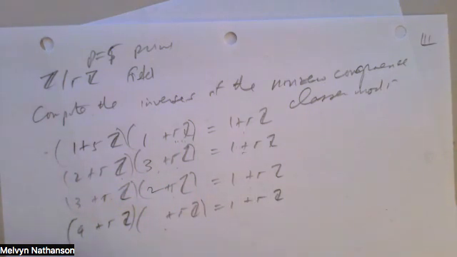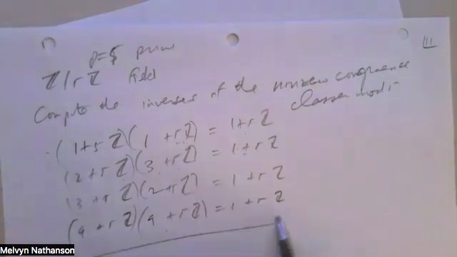And what's the inverse of 4? Well, 4 times 4 is 16. 16 take away 1 is 15. So 4 plus 5Z times 4 plus 5Z is 1 plus 5Z.